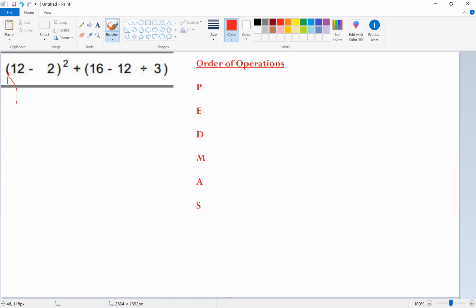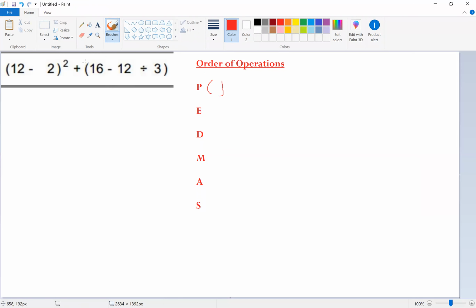Right here we have a parentheses. Here, so we actually have two sets of parentheses. That means we have to do first what's inside of these sets of parentheses. For remembering, if it helps, parentheses look like this.